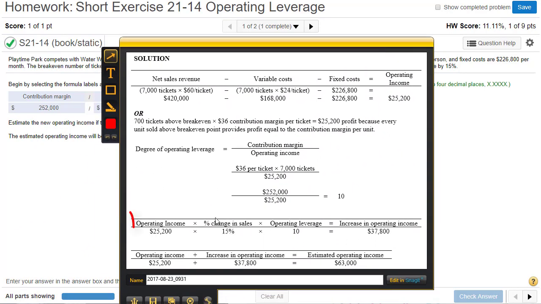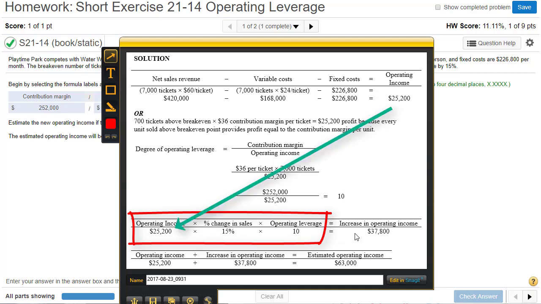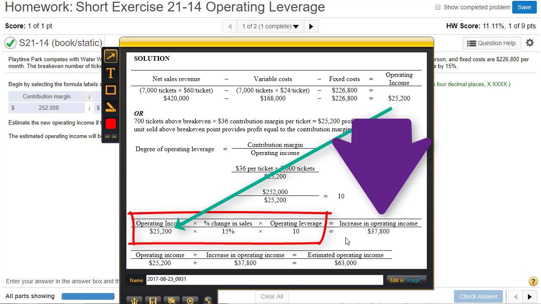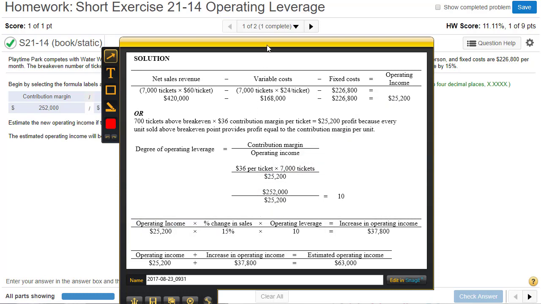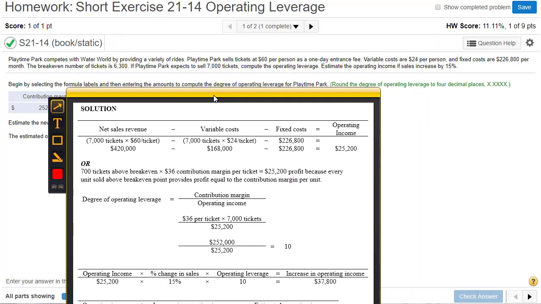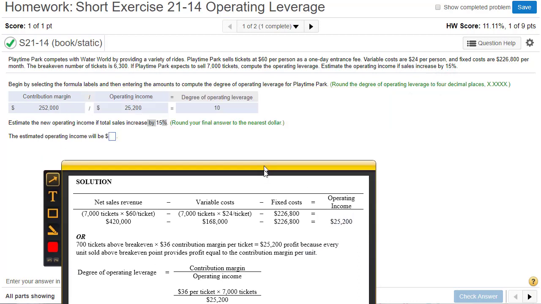So here's the calculation: our percentage change in sales times our operating leverage, and then we multiply by our operating income, which gives us our increase in operating income. So we get the operating income from up here, 25,200, times the 15% change in sales, times our operating leverage, which we already calculated here, 10.